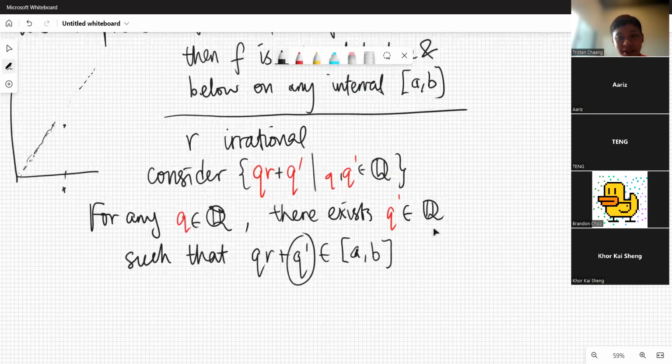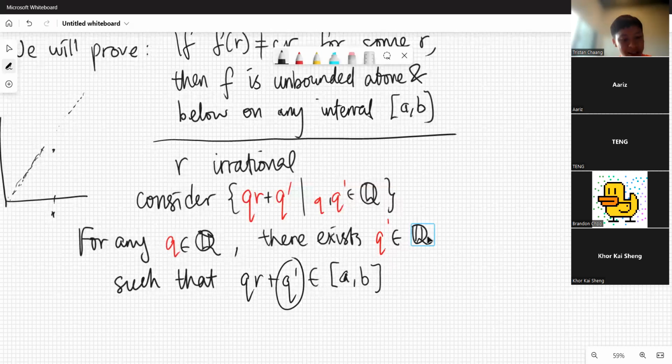It should directly come from the density argument, because you can just locate. Let's say we have r times, let's say 10,000, right? Then we get a very large number. But then we can just adjust it with some suitable rational, so that this new number comes back to this interval itself.